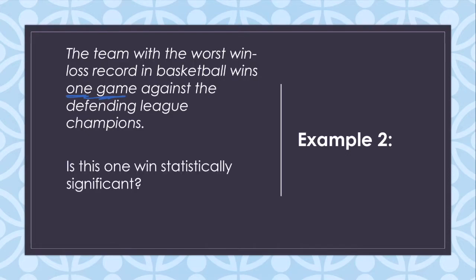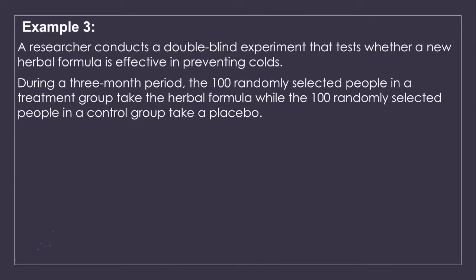No. Maybe that'd be significant if they beat the team like 10 out of 11 times or 9 out of 11, right? But just winning one, that's not going to be statistically significant. So I wanted us to first get a real gut feeling for what statistically significant was before we start bringing in later chapters how to calculate whether something is statistically significant.